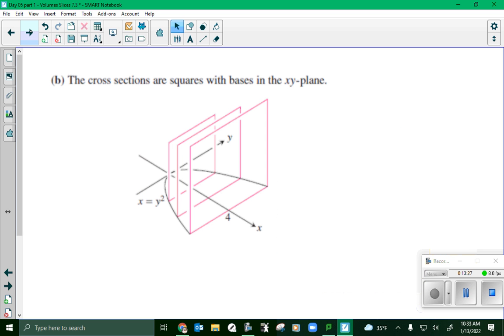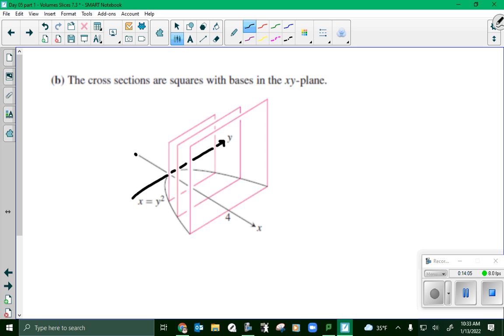All right, let's do this. The cross sections are squares with bases in the XY plane. Not a lot they give us, and the information we're going to use to solve this is actually in the drawing itself. I want to find the volume of this image. Here's the X-axis and the vertical Y-axis, which is tilted at an angle.